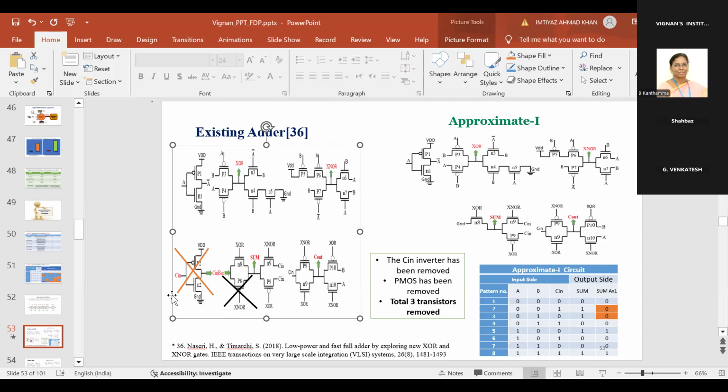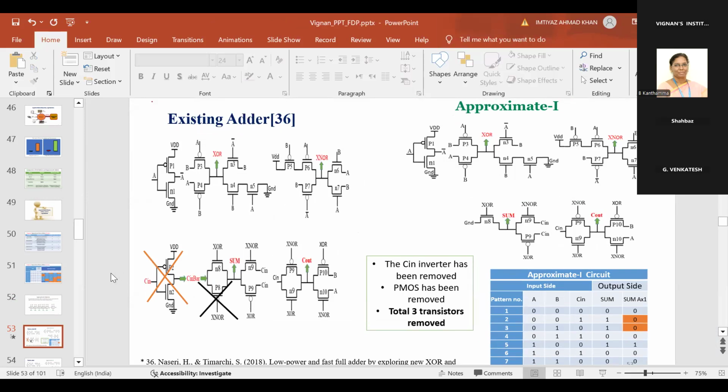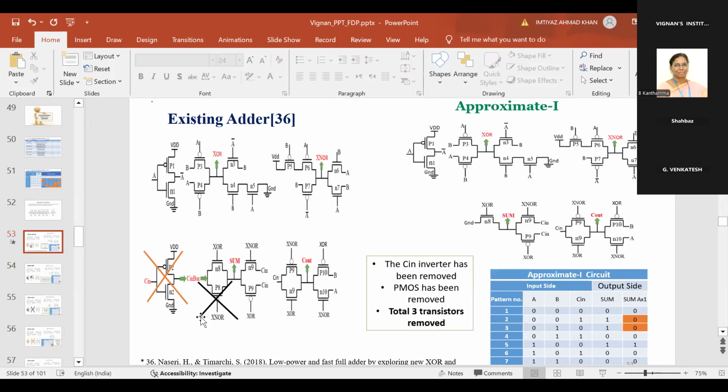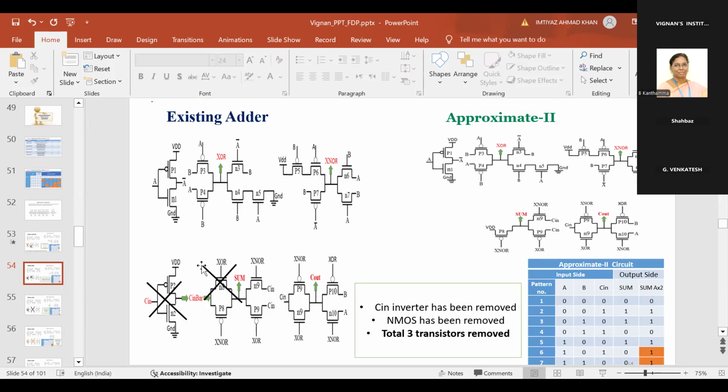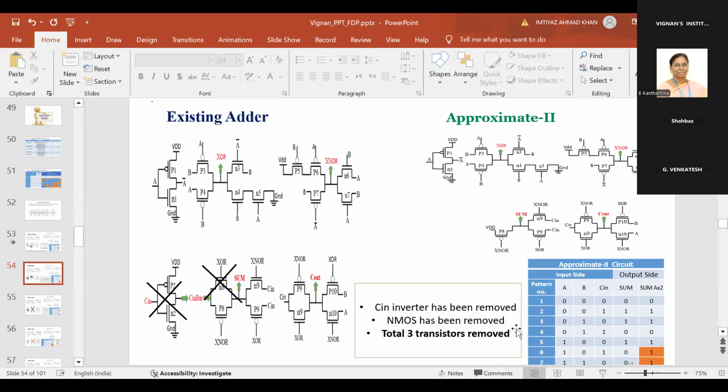So when you remove one inverter stage, your output will have wrong values, and your power consumption will be low. Same thing: previously I cut down this circuit, and this time I have cut down this circuit. Same, two values will be wrong here, two values will be wrong here, and two values will be wrong here.